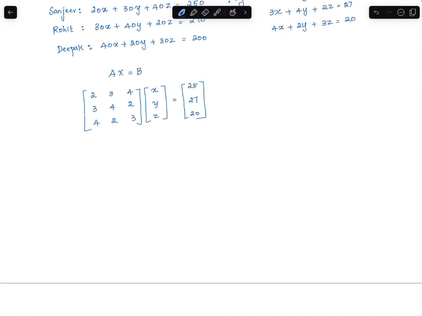So let's figure out the determinant value of A to find out if A inverse exists or not.